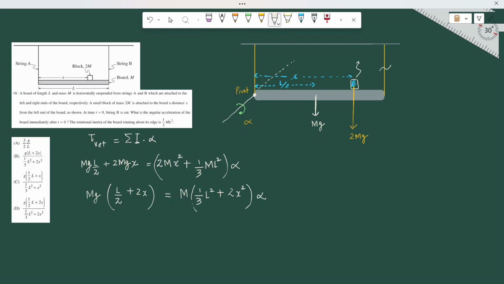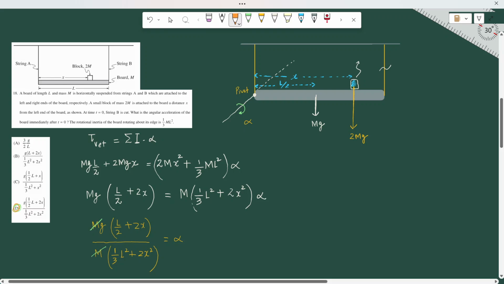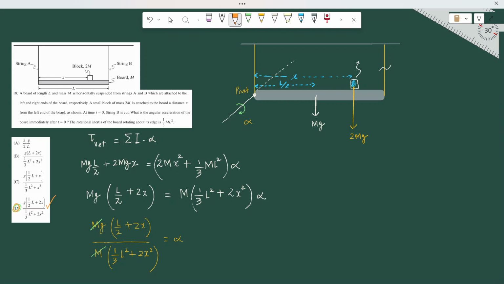Now to get alpha, we divide both sides by this term, so inside we have 1 over 3 L squared plus 2x squared, that equals the angular acceleration. You can cancel out this mass with this mass. Finally, you can see that our angular acceleration equals option D. This will be the angular acceleration produced in this bar, but it will change because it is not a rigid string. That's why this is immediately after the string is cut.